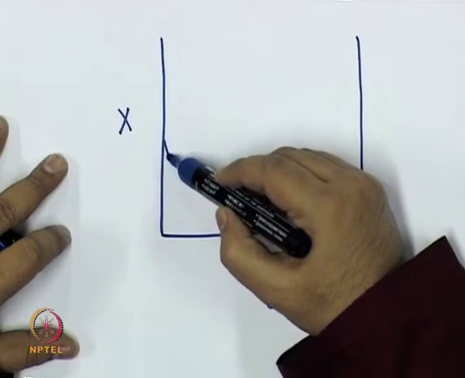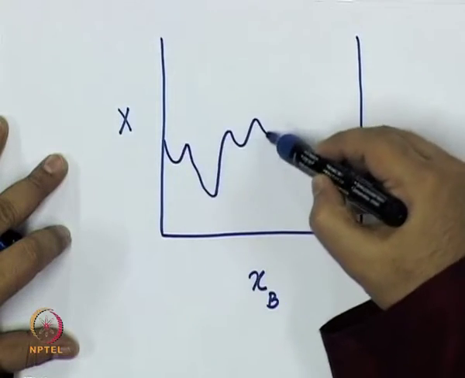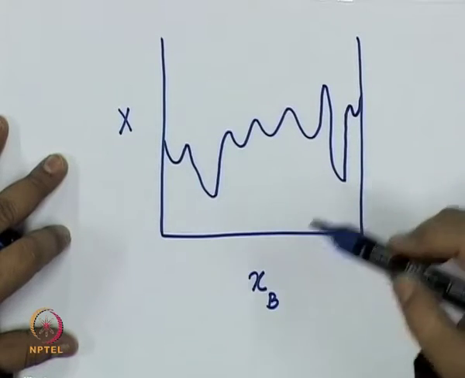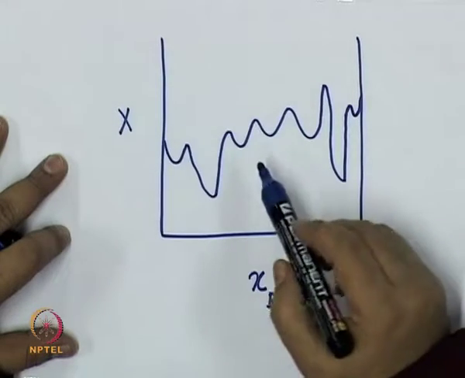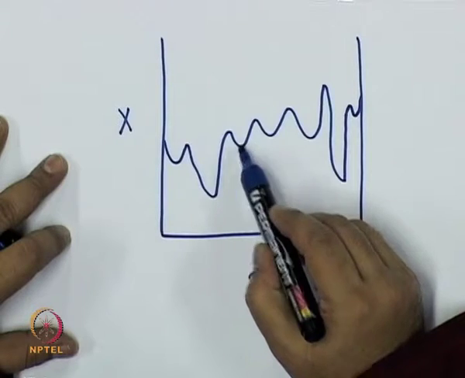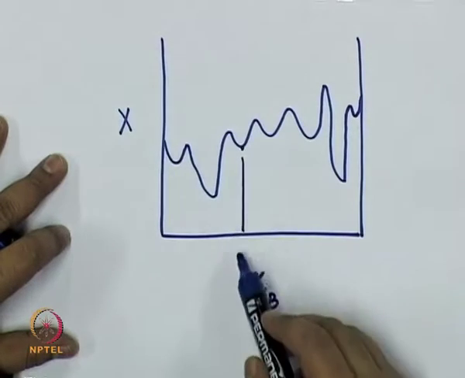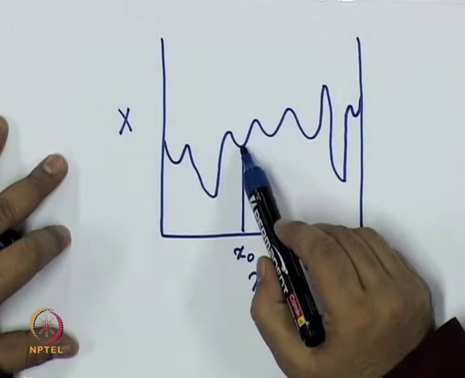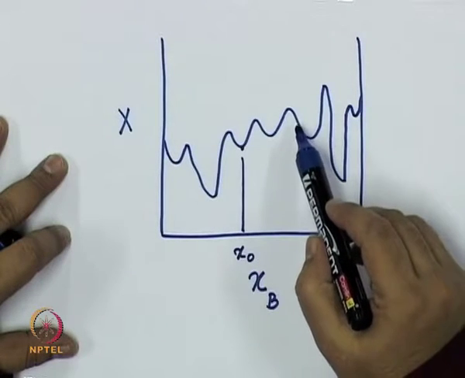So, let us say that it has some complex expression, something like this. Okay. So, now I am going to choose a particular composition, let me call it as x naught, and I am going to choose another composition.